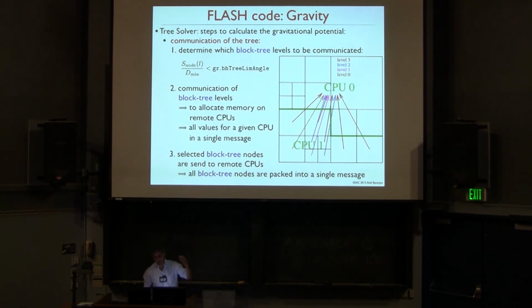And you do this selection in advance and decide which of the block trees and block level trees should be communicated. Once you have decided, you pack everything into a single message for every CPU and distribute this information.